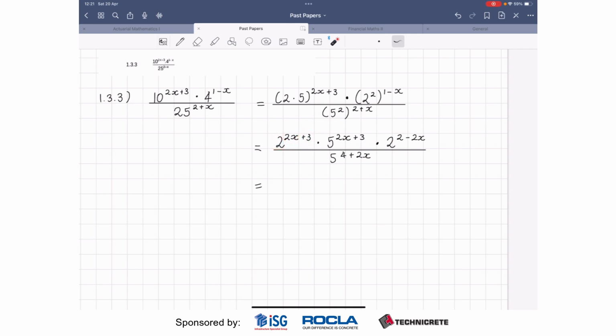So I'm going to have 2 raised to 2x multiplied by the same base 2 raised to 3, and that's the same for all of the rest of these. So for this one, I'm going to have 5 to the 2x multiplied by 5 to the 3, and then for this one, it's going to be 2 to the 2 multiplied by 2 to the minus 2x, and then 5 to the 4 multiplied by 5 to the 2x.